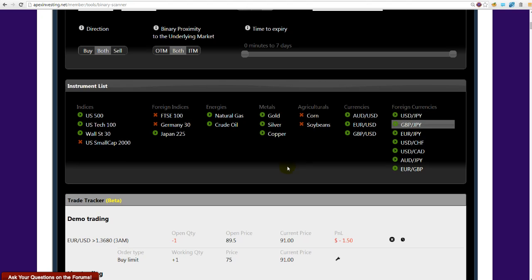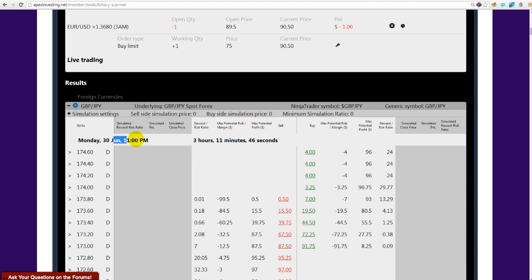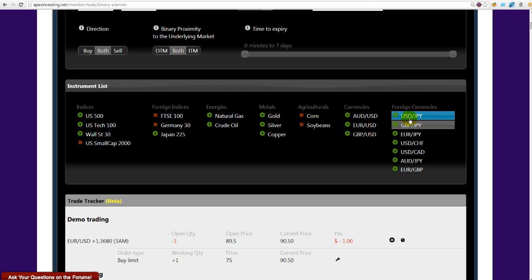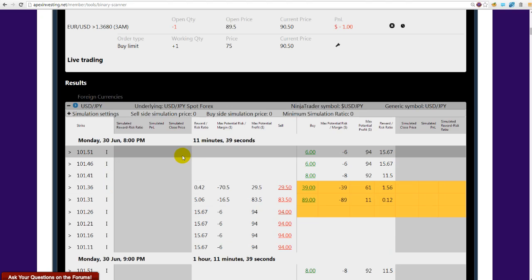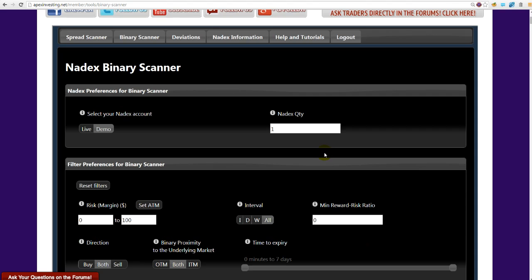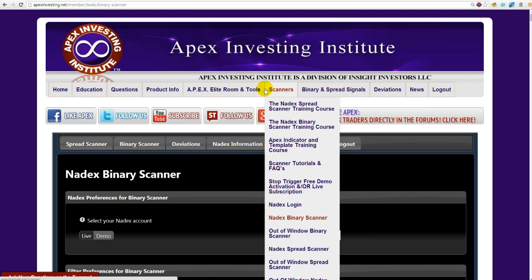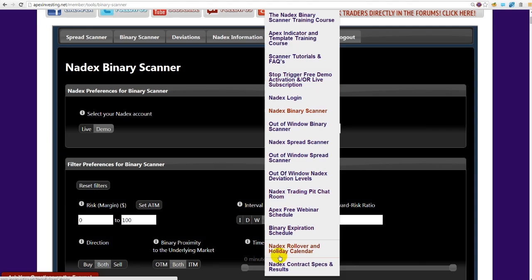Watch this. If I select Pound yen, I'll see that the next expiration is at 11 o'clock at night. There's not one in the next 20 minutes. If I select US yen, I'll see it right there. I know we still need to update this, but we do have an expiration schedule over here. There's a binary expiration schedule, it's a big, long menu, and I've got to clean that up.